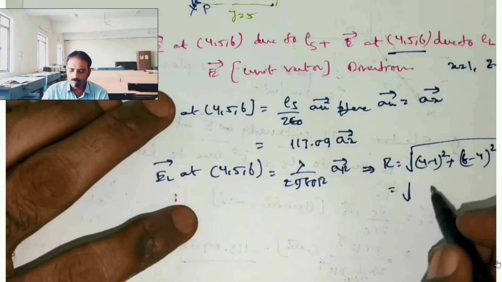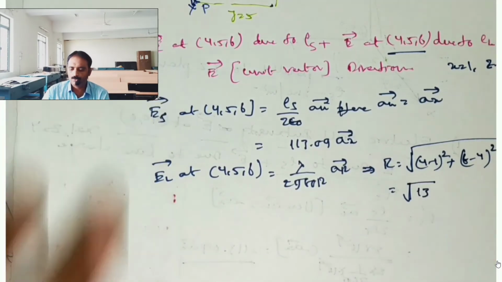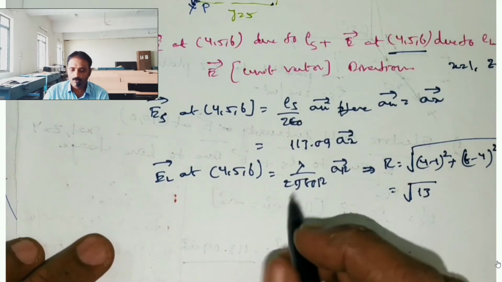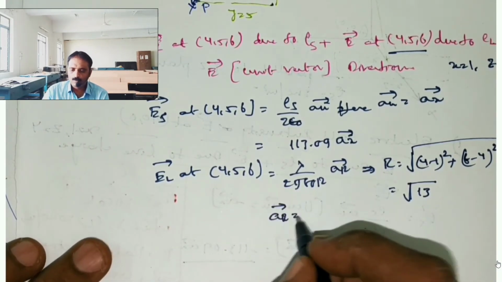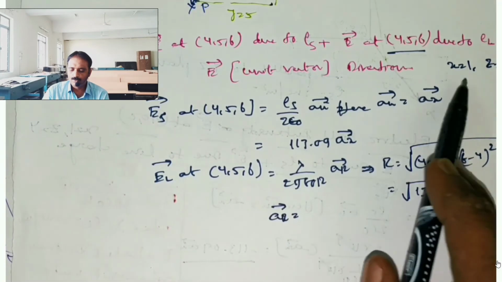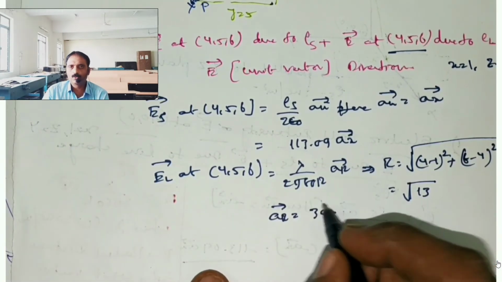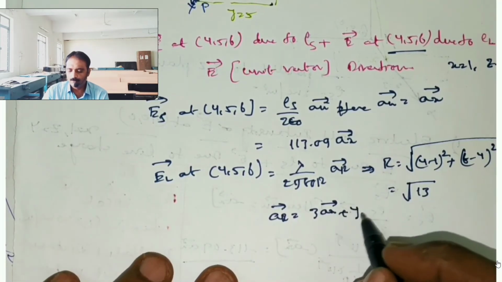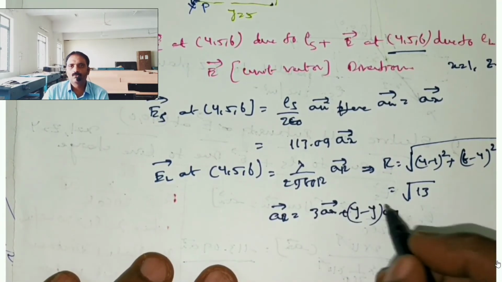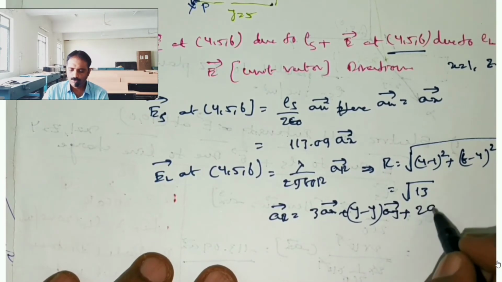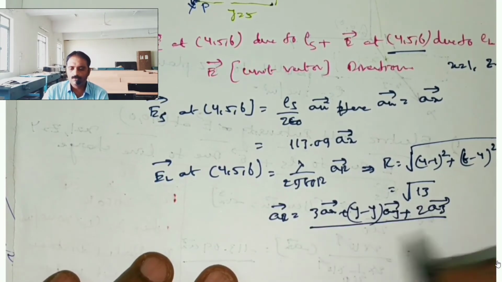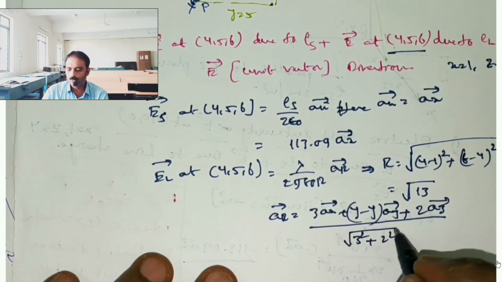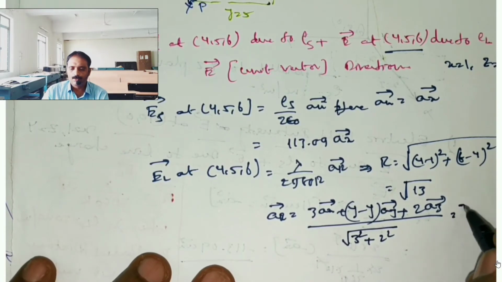And the magnitude of AR bar, this is R, the value of R we are going to get as square root of 13, and AR bar is equal to 3 into AX bar plus y minus y, which gives us 0 because the y coordinate will not be there, into AY bar, plus 2AZ bar divided by square root of 3 square plus 4 square, and this gives rise to a value of 3AX bar plus 2AZ bar divided by root of 13.